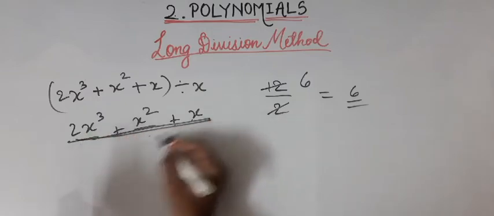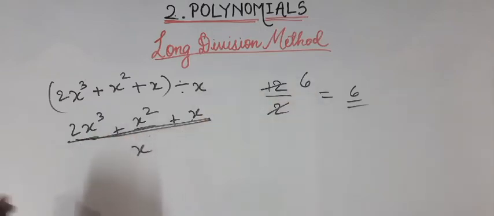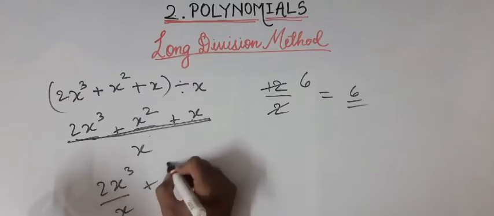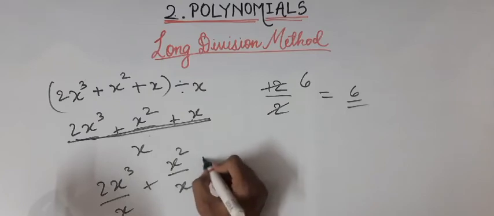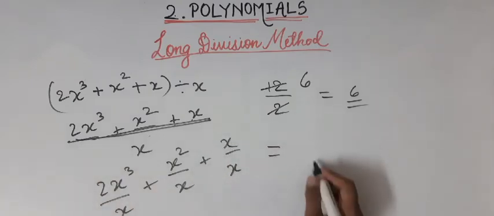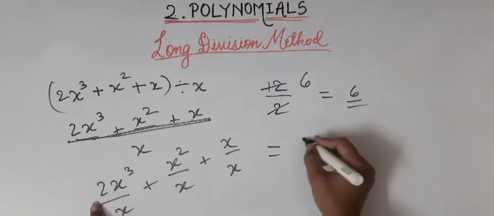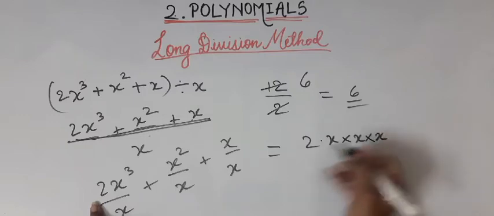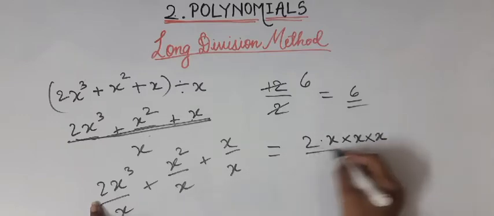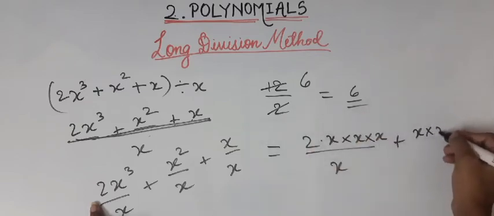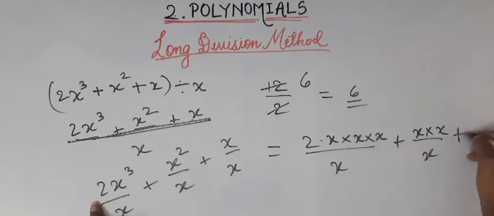This whole polynomial is divided by x. So what I did is, I have just split the terms and given that denominator separately to each term. Now if you see this 2x cube, can I write it as 2 into x into x into x, divided by x, plus x square, which I can write as x into x, divided by x, plus this x divided by x as it is.